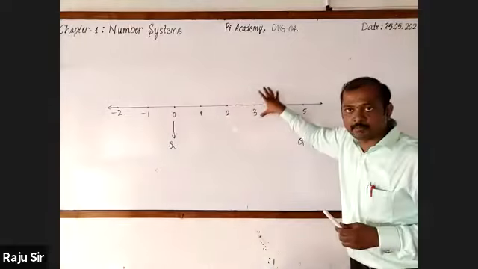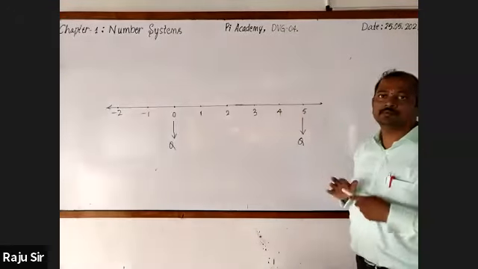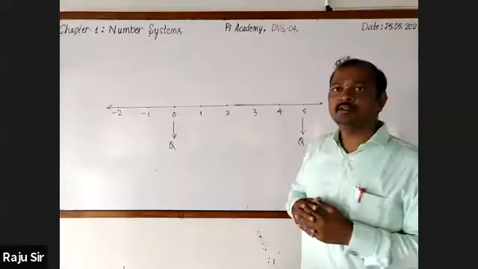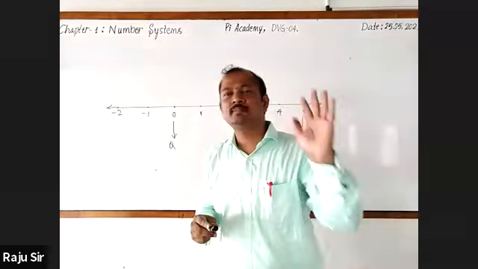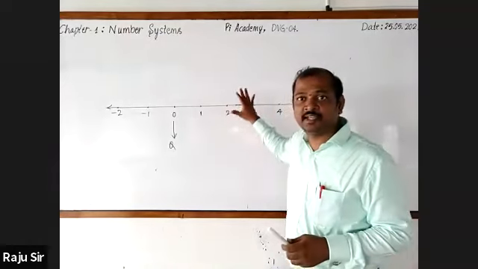Now, in this number line, could you tell how many rational numbers are there between 0 and 5? I'm asking a very simple question. With respect to this number line, you just don't go for infinity generally. Four. Very good.